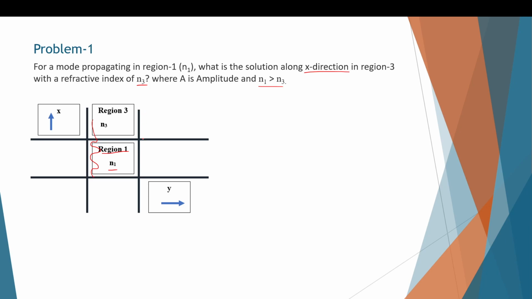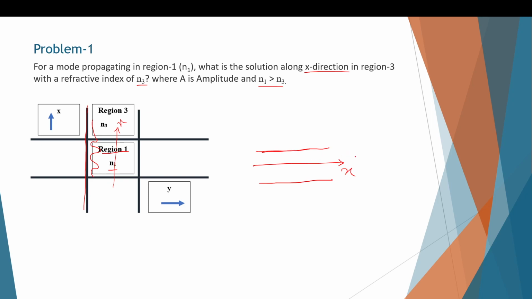This we can also think of in terms of a planar waveguide. Along the x direction, there is no confinement here. If this is my x direction, if I'm plotting it like this, there is a boundary here, and a boundary here.